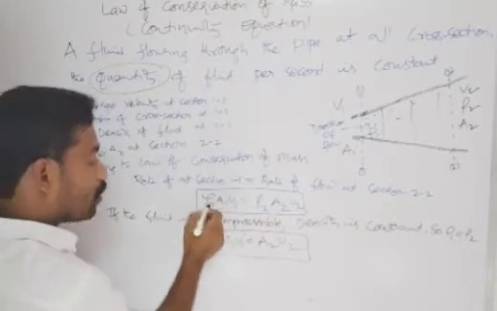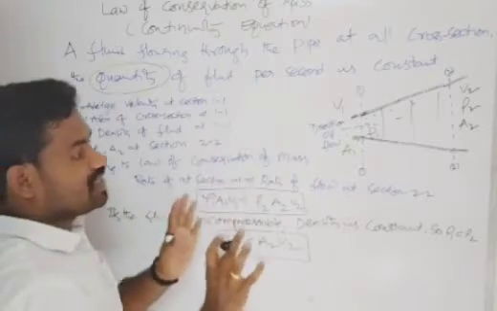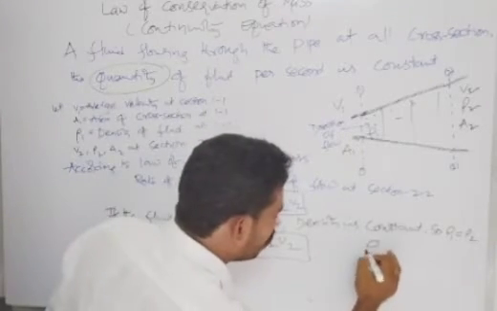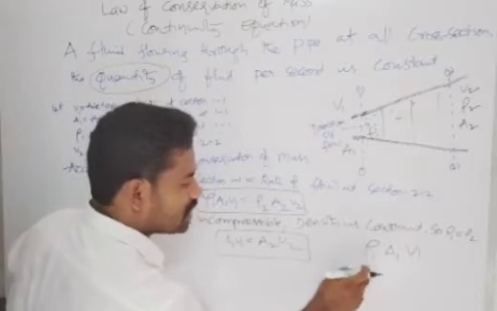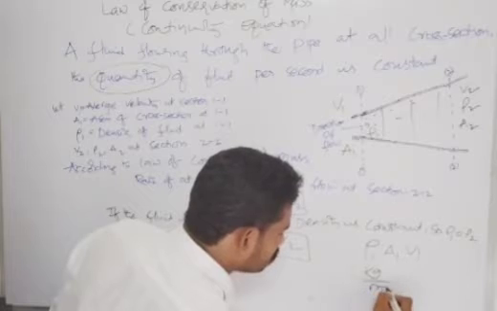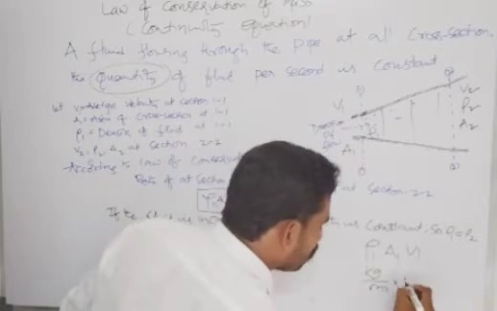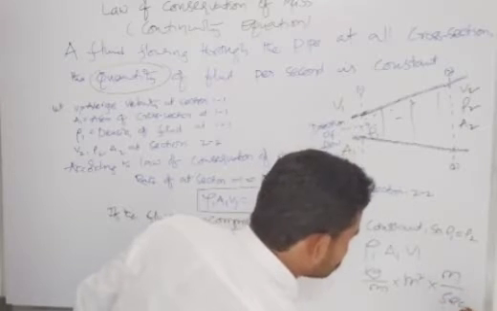According to this equation, how do we know the quantity of fluid per second is constant? Let's see. ρ1 A1 V1: density has units of kg per meter cube, area is meter square, and velocity is meter per second.